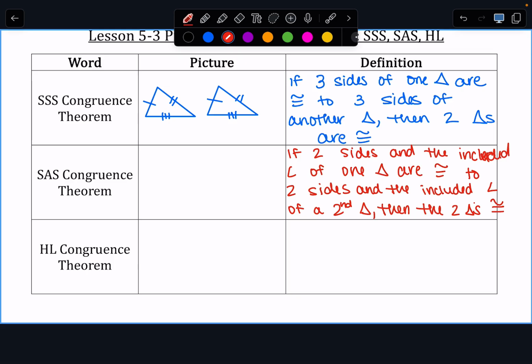It cannot be angle, side, side. So just think about it: angle is first and then side, side.